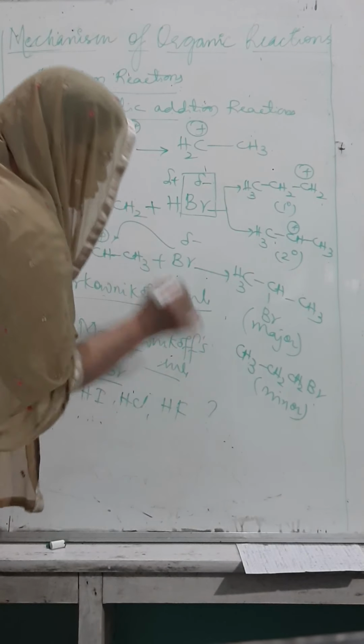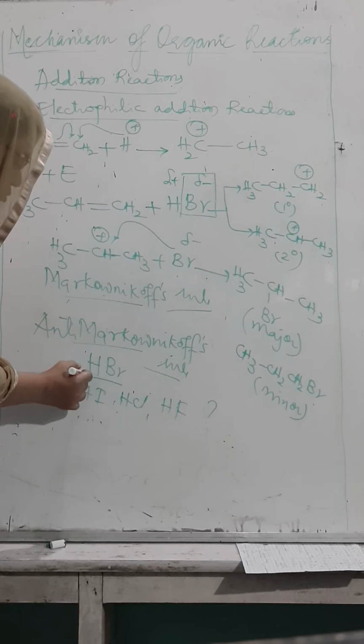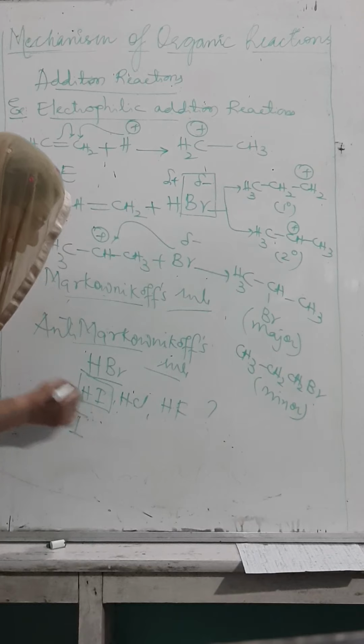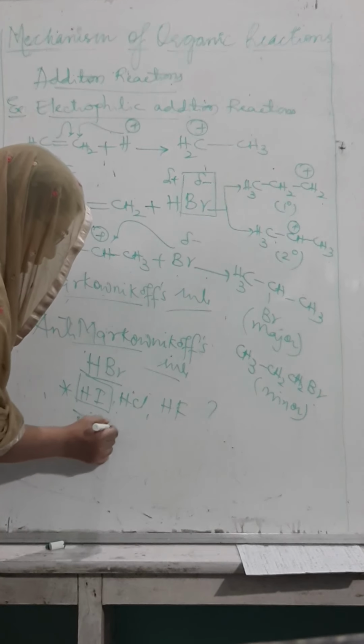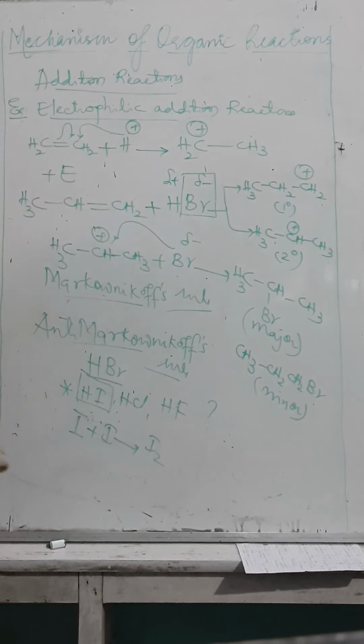Why is it so? The question arises, why is it applicable only for HBr? Why is it not possible for HI? Whenever hydrogen iodide dissociates, it forms iodine free radicals, and two iodine free radicals combine to form an iodine molecule.